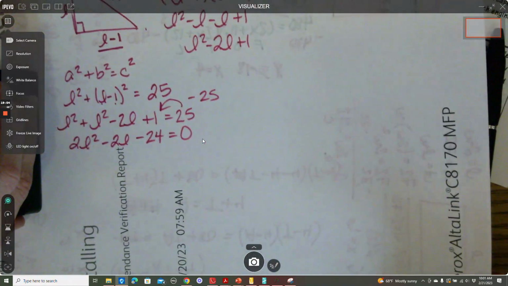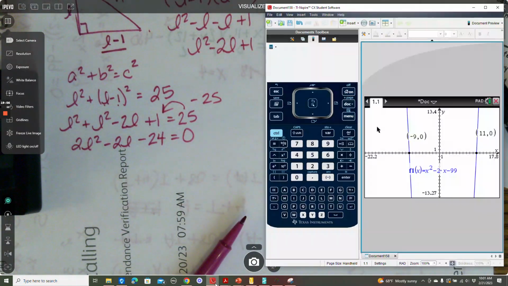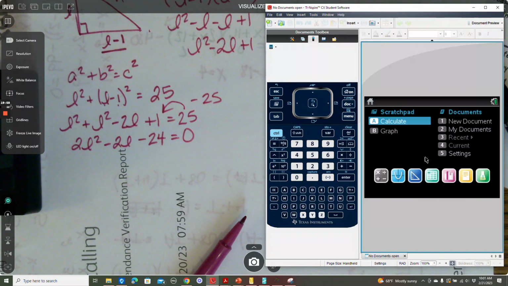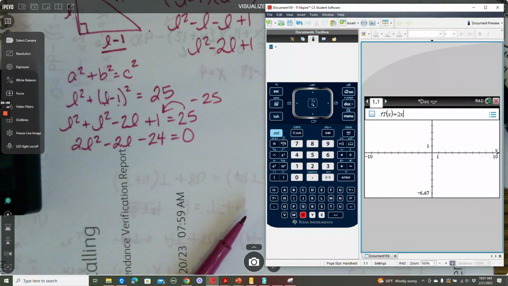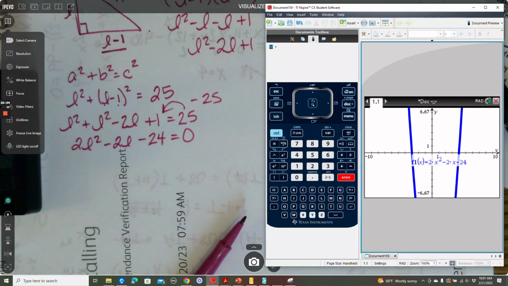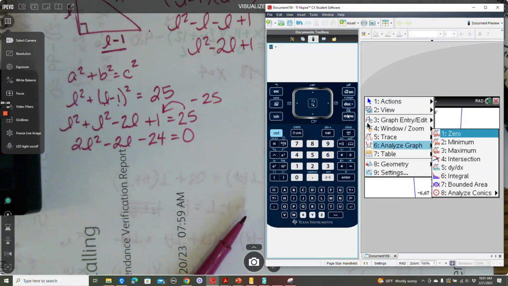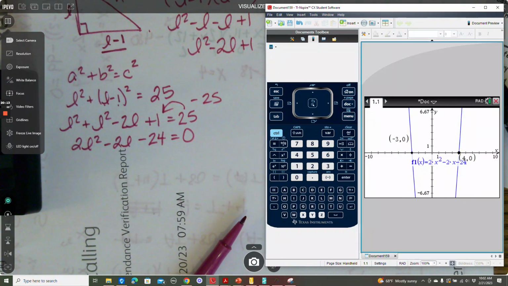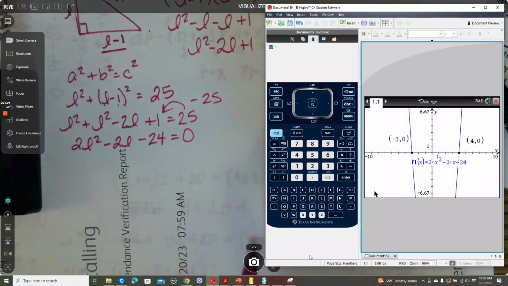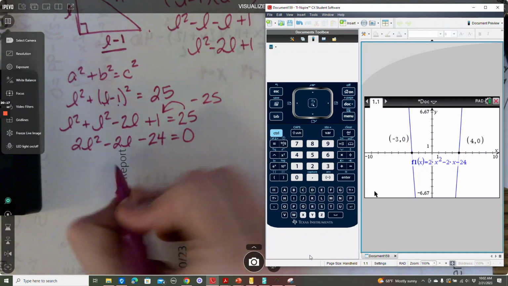I can solve it with the graph. Two x squared minus 2x minus 24, negative 3 and negative 4.